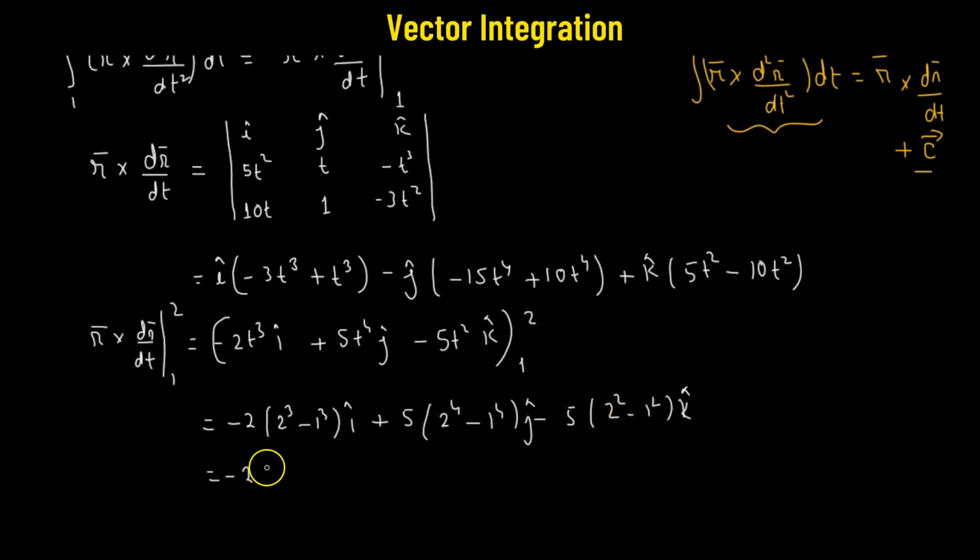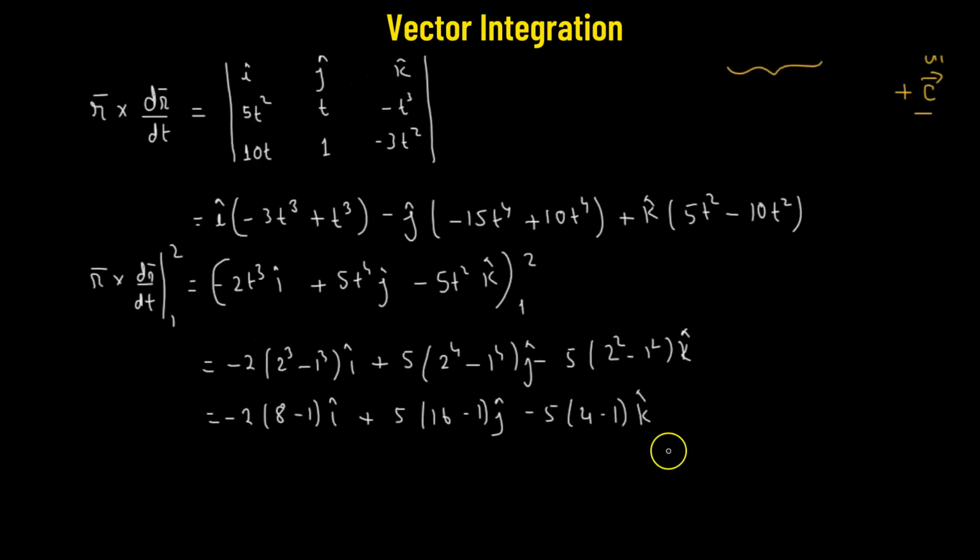So this will give us negative 2 times 2 cubed will be 8, so we have 8 minus 1 i cap plus 5 times 16 minus 1 j cap minus 5 times 4 minus 1 k cap.